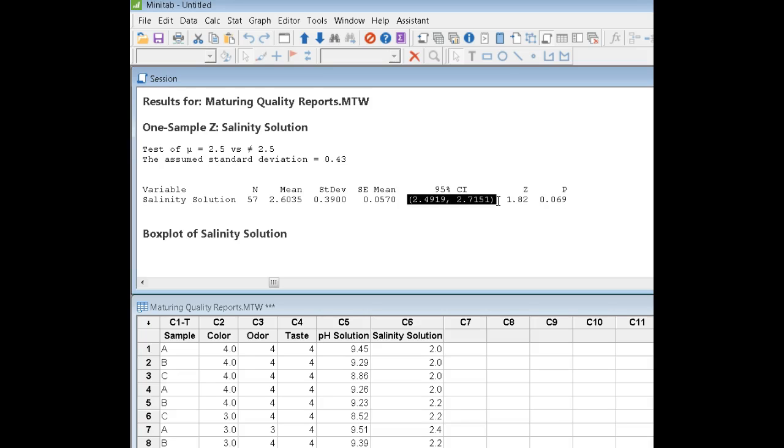And I'm looking at that from the basis of the fact that 2.5 actually fits in this interval. And this interval gives me some idea of where the actual average concentration will lie, again, at a 95% level of confidence. So both my confidence interval and my p-value tell me that the salinity values are not significantly different from 2.5.